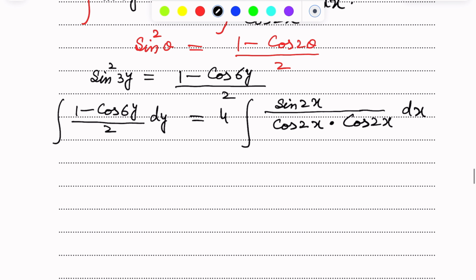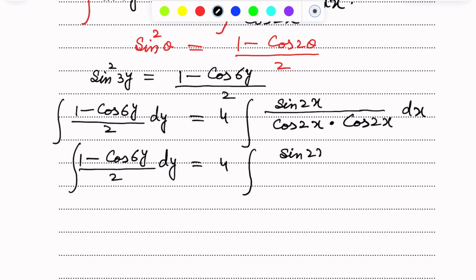Now first, the left hand side just remains same, 1 minus cos 6y over 2 dy is equal to 4 into, on the right side, we can write sine 2x over cos square 2x.